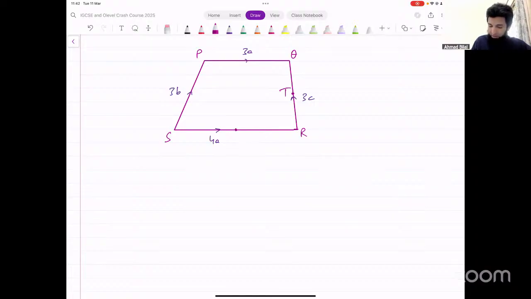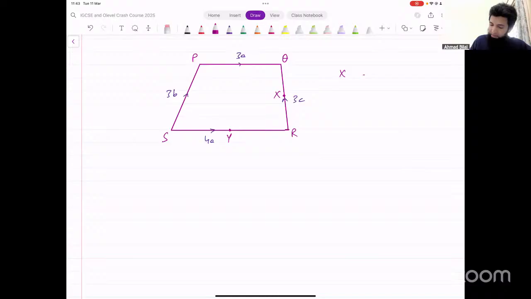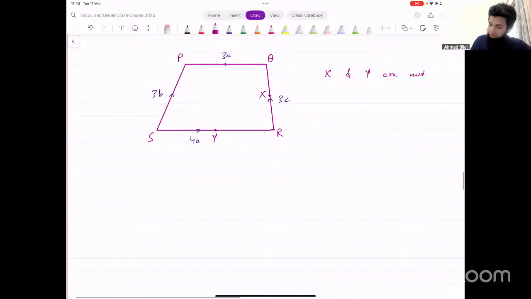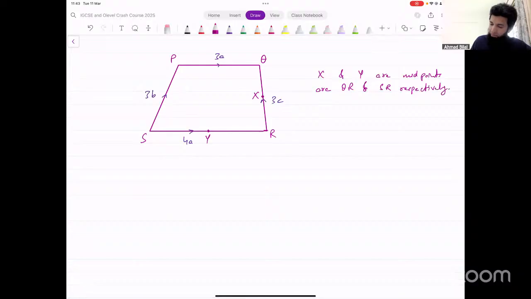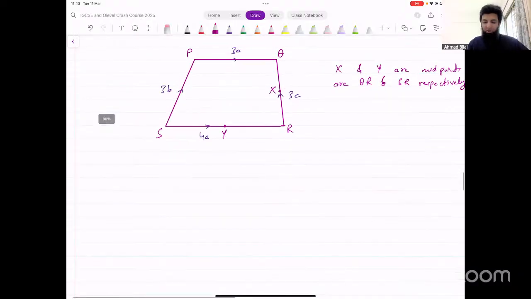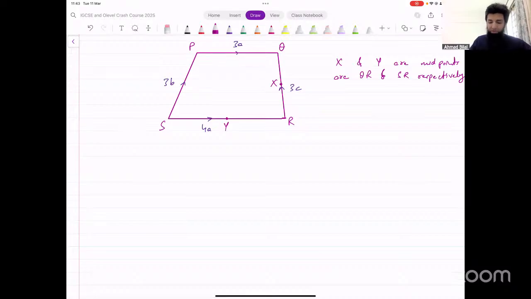Let's call this X, and let's call this Y. X and Y are midpoints of QR and SR respectively. So these two points are midpoints on these lines. So that's the information that we have.